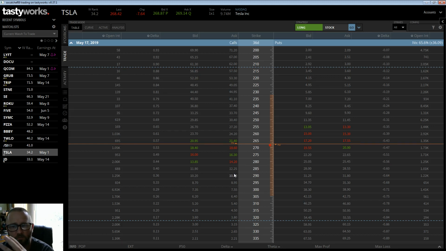Now, the types of credit spreads you have are the exact same as the types of debit spreads that you have. So you have the ones I was just showing on here, which is the basic spread, a vertical spread. Then you have an iron condor.